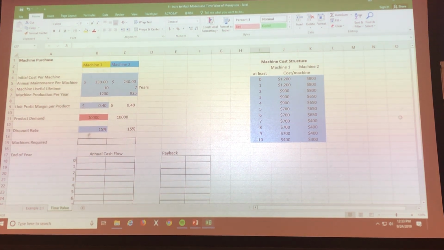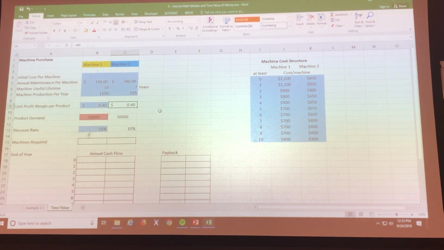And so I wanted the 40 cents and the 10,000 in the next column too. But what I'm not gonna do is just retype 40 cents and 10,000. Because if I did that, I lose the flexibility in some of the what-if analysis that I might want to do later.